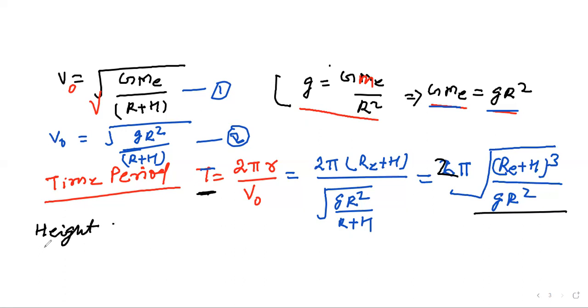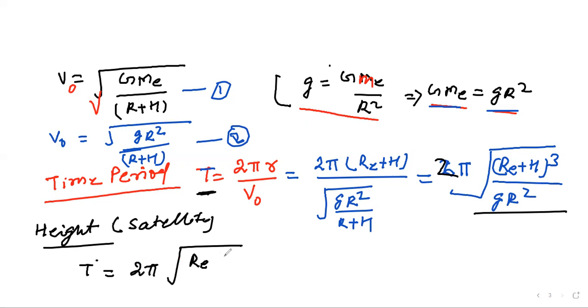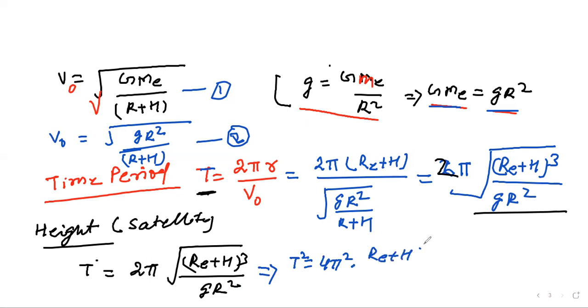Height of satellite. T equal to 2 pi root under (RE plus H) cube upon g R square. Squaring both sides, T square equal to 4 pi square into (RE plus H) cube divided by g R square.